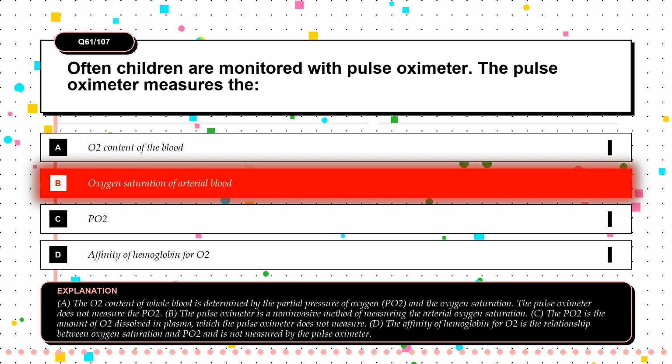C. The PO2 is the amount of O2 dissolved in plasma, which the pulse oximeter does not measure. D. The affinity of hemoglobin for O2 is the relationship between oxygen saturation and PO2 and is not measured by the pulse oximeter.